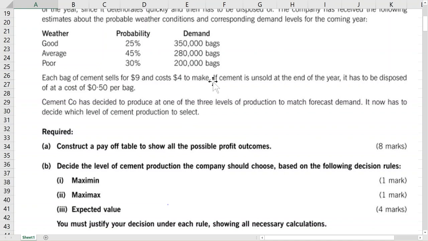A decision is to make 350 or 280 or 200, and the outcome is that the weather could be good, which means we will be able to sell 350. Weather could be average, which means we will be able to sell 280, or it could be poor, which means we will be able to sell 200. Let's look at the profit or contribution we are going to earn in each of these decisions.